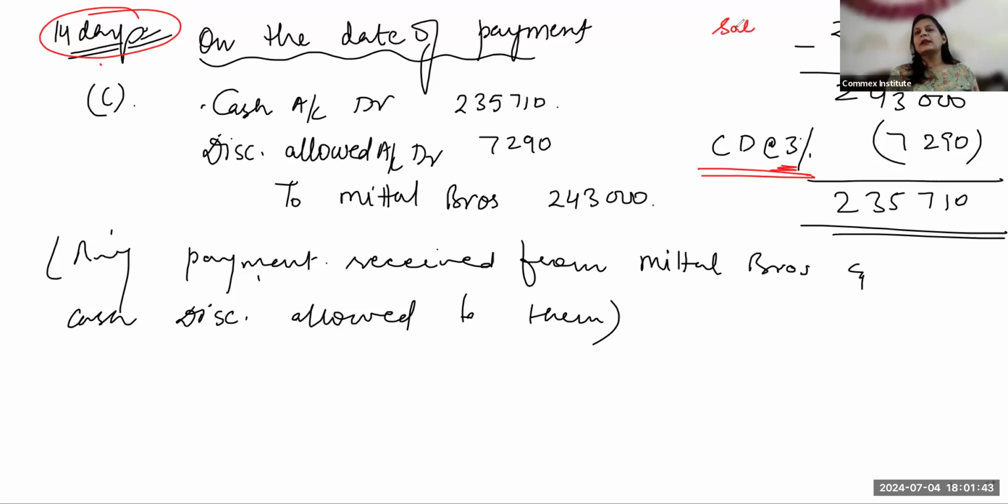But then they returned also, no? They made the sales return. So this is your net sales. Obviously, if they're returning the goods, they're not going to make the payment for it. And then on this, we have given a cash discount of 3%. So the final payment they have made is 2,35,710. We have given them a discount of 7,290. And Mittal Brothers, so we have given a credit of 2,43,000.